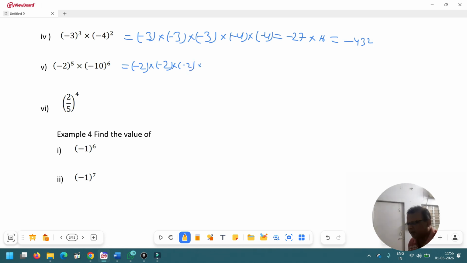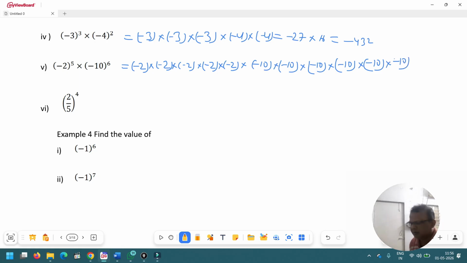Minus 2 into minus 2 into minus 2, 2 twos are 4, 2 fours are 8, 2 eights are 16, equal to minus 32.